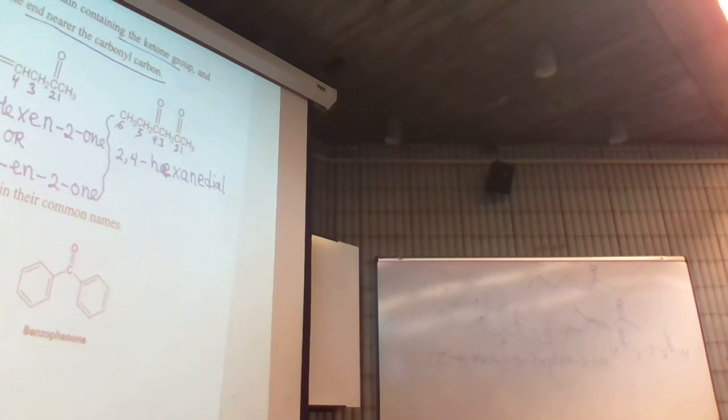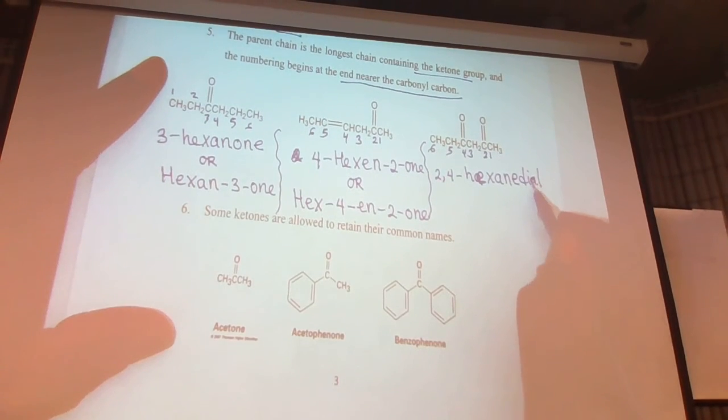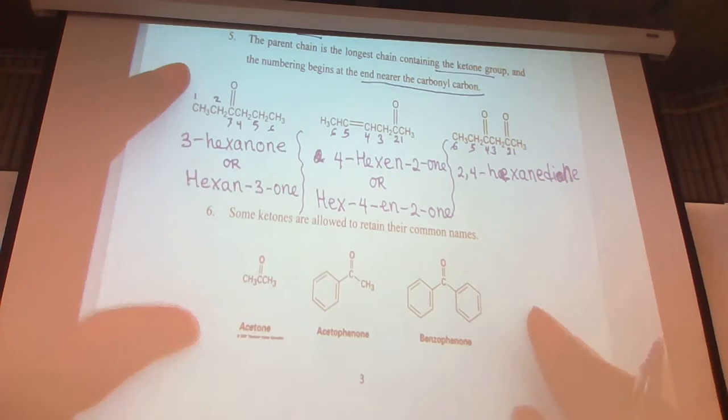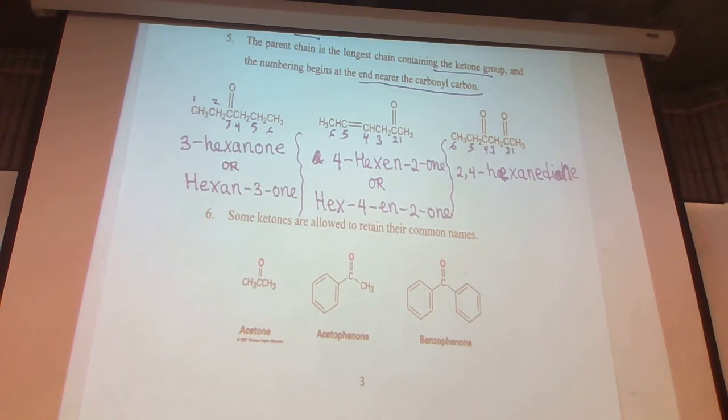So why did we have to put the hexane? Remember, it's the E at the end that will change. Why is it diol? Oh, dione. That is still in my head. Thank you. Dione. Okay, so dione. All right.